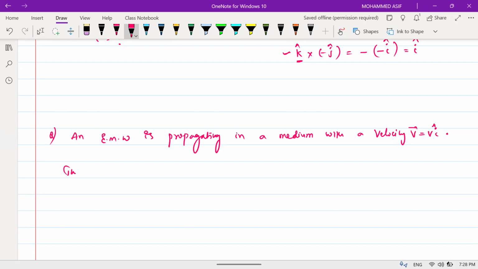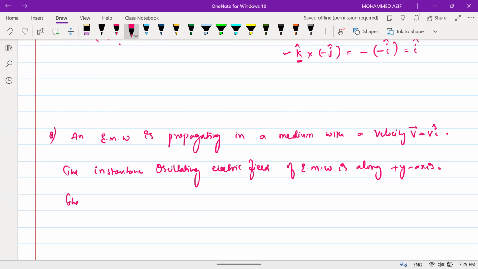The instantaneous oscillating electric field of the electromagnetic wave is along positive y-axis.